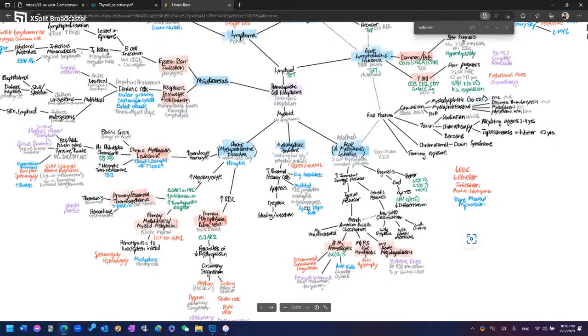So let's jump into here for the myeloids, right? So there's three kind of main classifications here. You can have the chronic, the myeloproliferative, which we also call chronic leukemias.